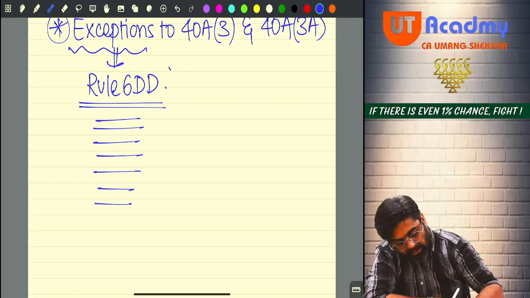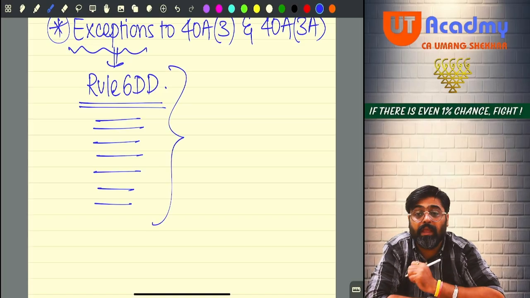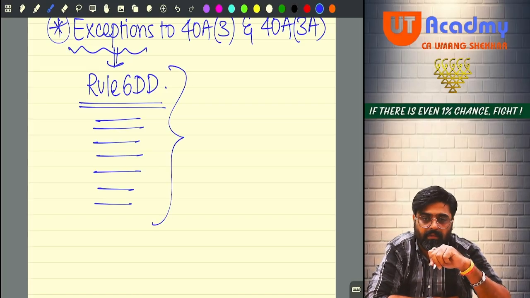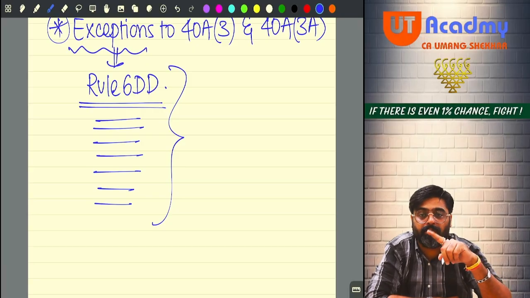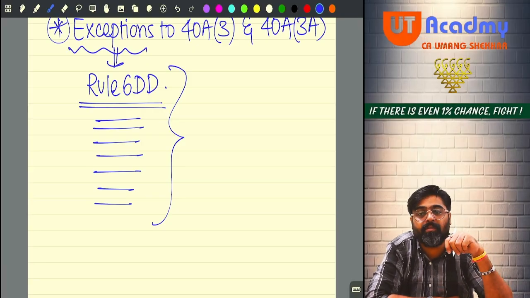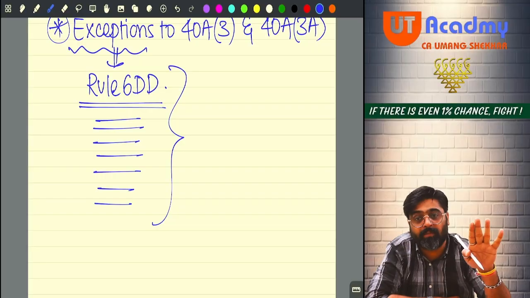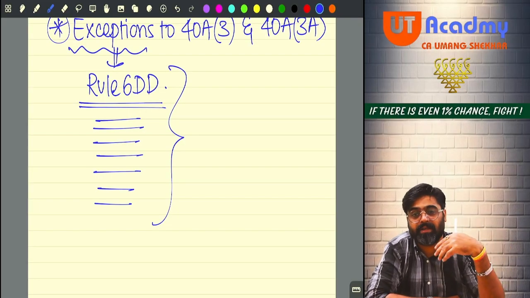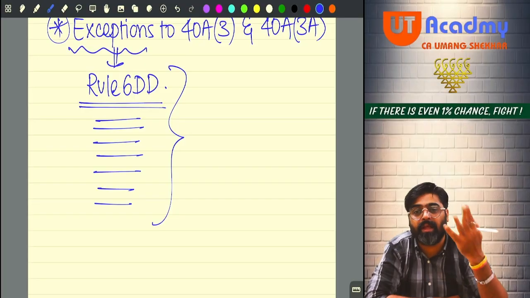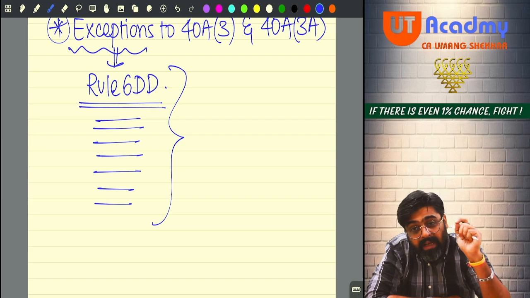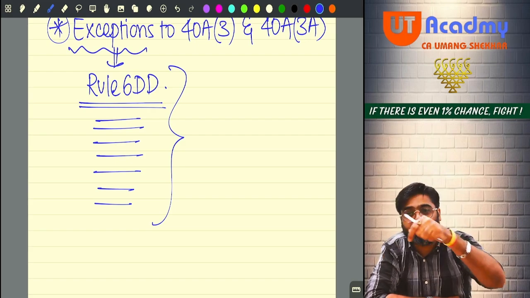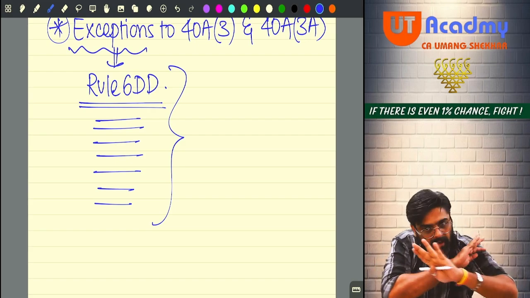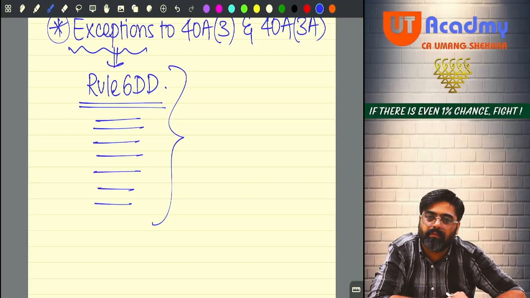Under these cases, even if the payment is more than 10,000, or the payment for transport charges is more than 35,000, even if that payment is not made by way of the prescribed modes, account payee cheque, account payee draft, ECS, NEFT, RTGS, yes or no? Still, for such cases, 40A3, 40A3A are not applicable. Got it? Would you like to know these cases?